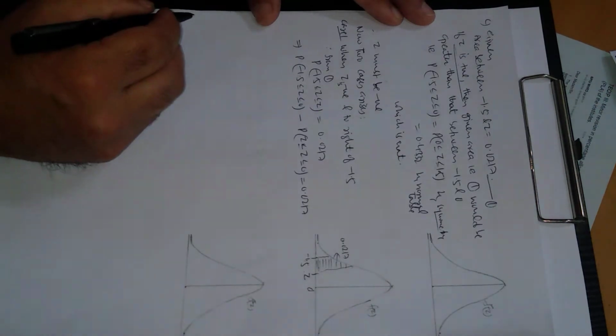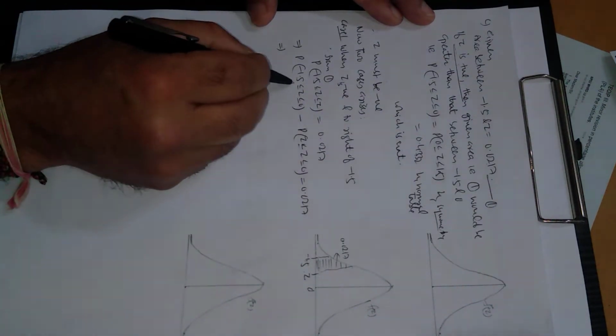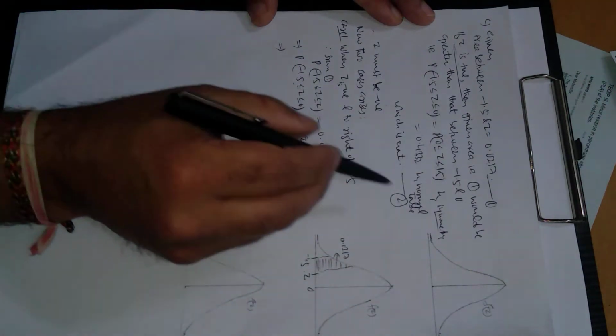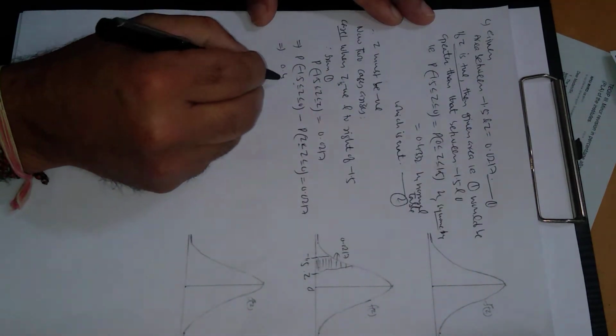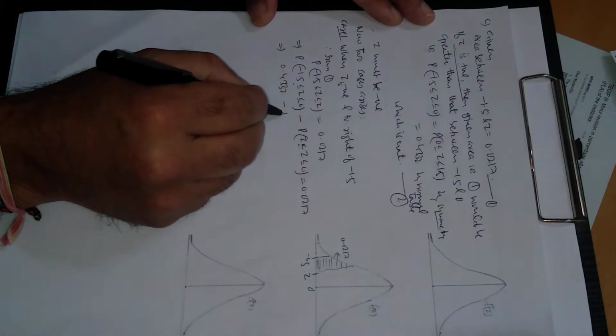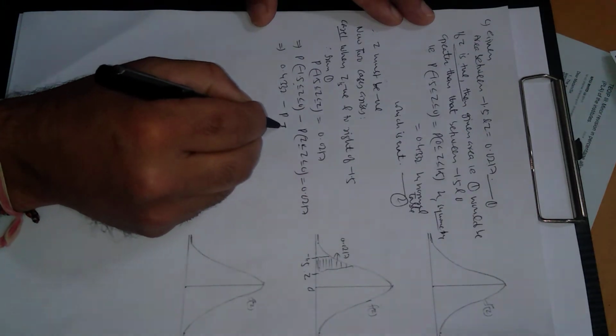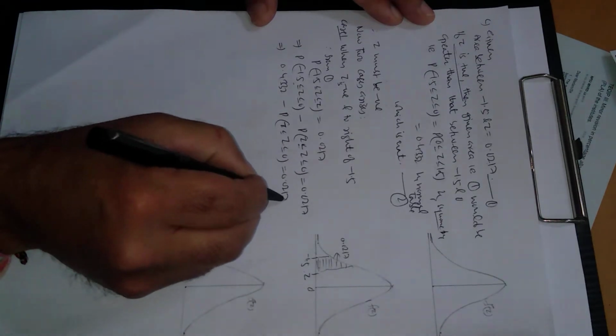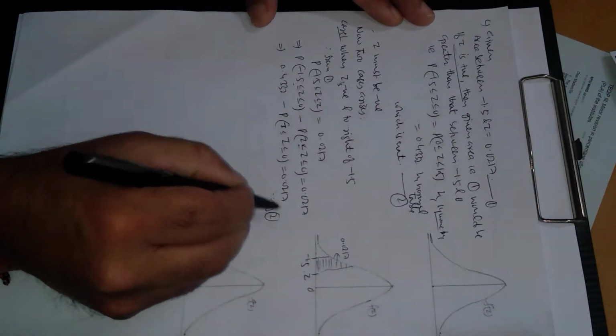This probability we already know from equation number 2, this is 0.4332, and probability of minus 1.5 less than capital Z less than 0 is 0.0217 by equation 2.